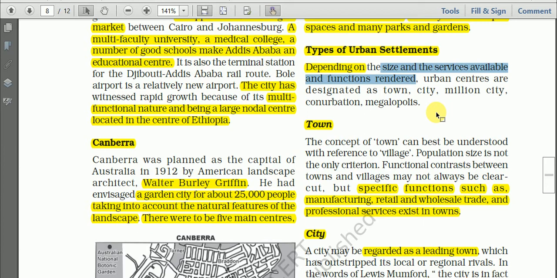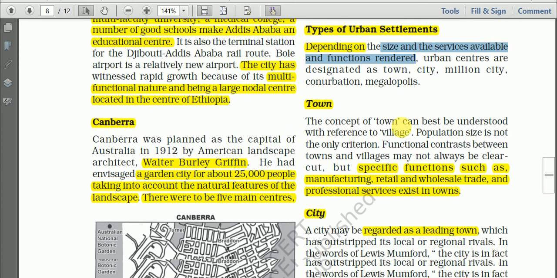Here the classification is based on the size of the urban settlement, services available, and functions rendered. Size here refers to the size of the population as well as the area.